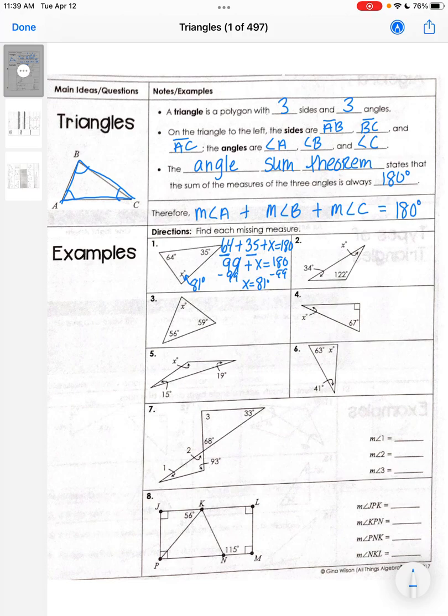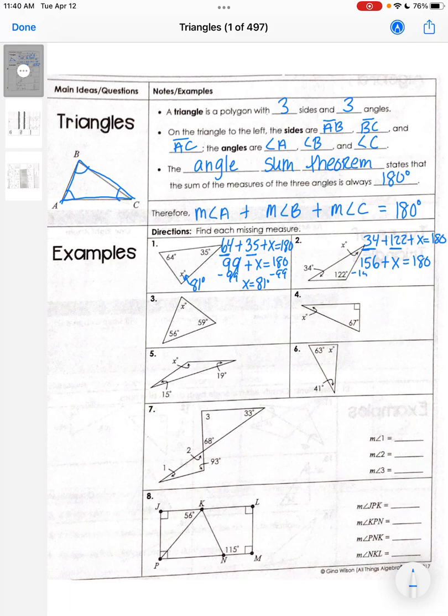Let's look at number 2. We have 34 degrees, 122 degrees, and x degrees. So we know that 34 plus 122 plus x is going to equal 180 degrees. Go ahead and add your 34 plus your 122. You get 156 plus x equals 180 degrees.